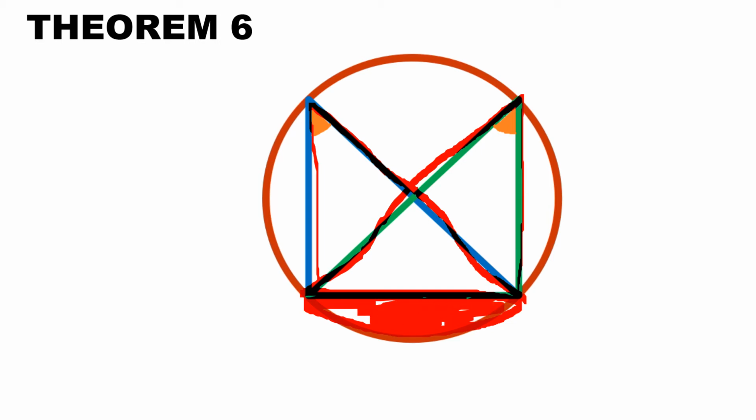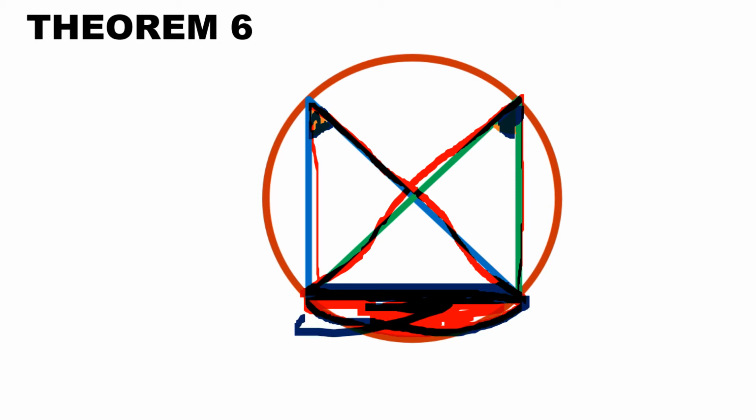And they are also standing on the same chord. Ito yung chord. Okay, so that means these two angles are equal as long as they're standing on the same chord, the same segment, and the same arc. Okay, they will have the same measure.